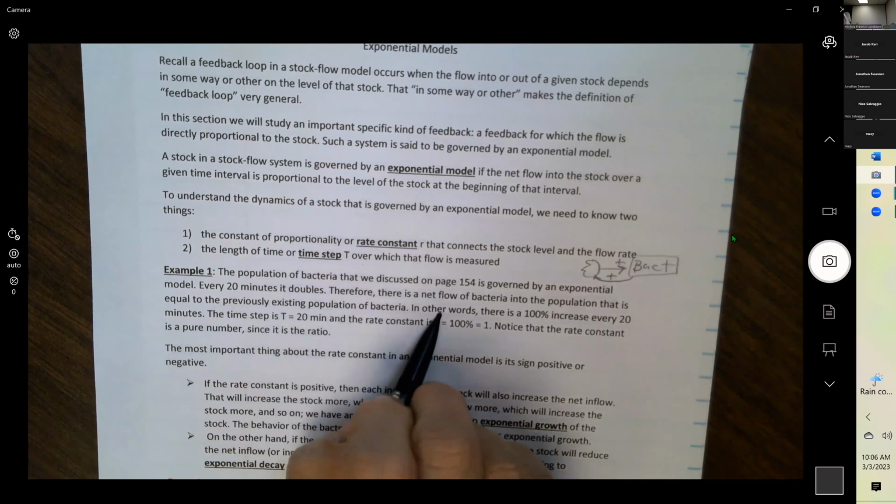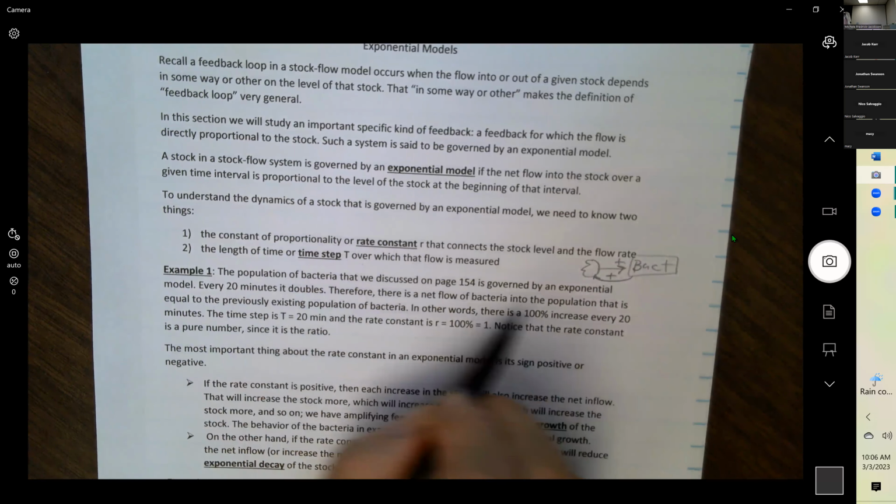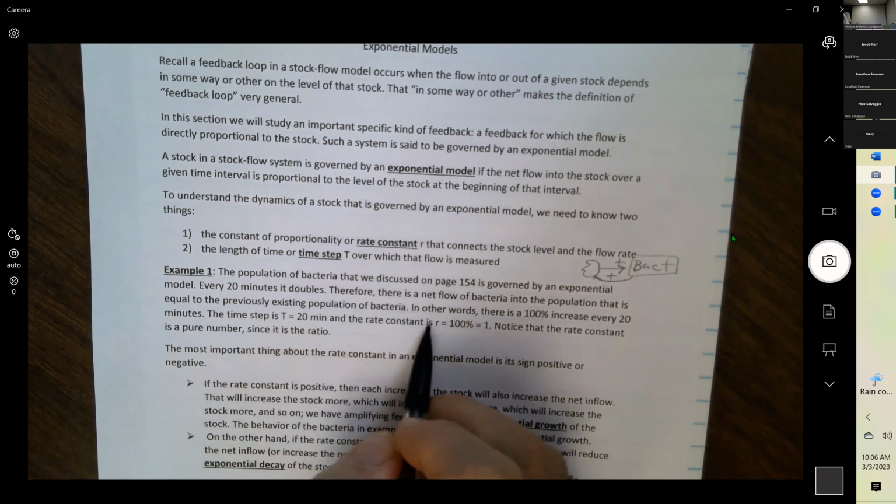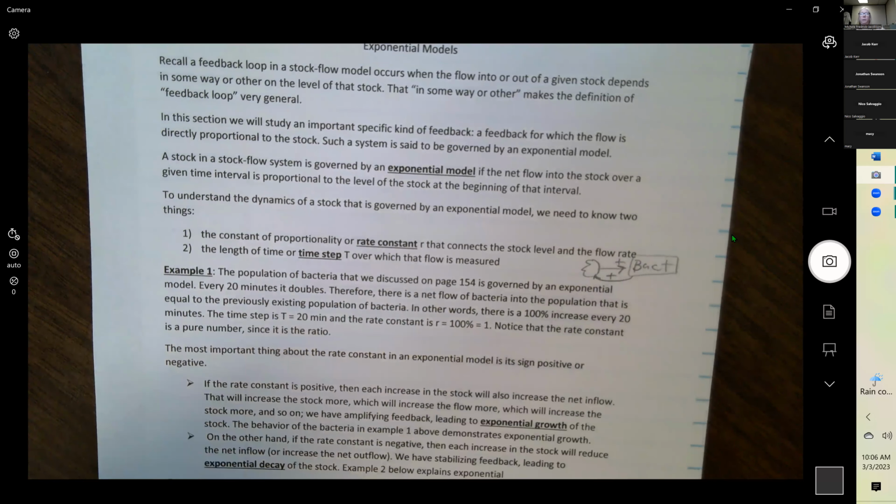There's a net flow of bacteria into the population that is equal to the previous existing population. In other words, there's a 100% increase because it's doubling. So if there was 5, then there'd be 10. If there's then 10, 20. It keeps doubling. It's a 100% increase.